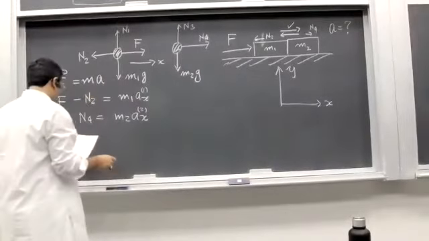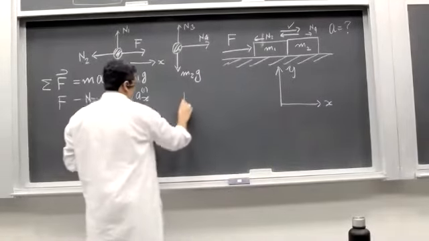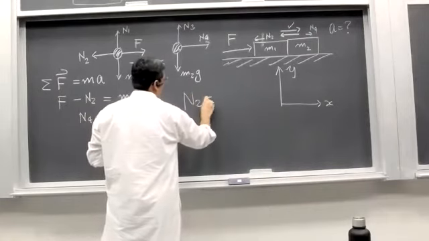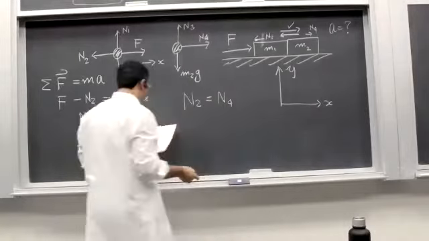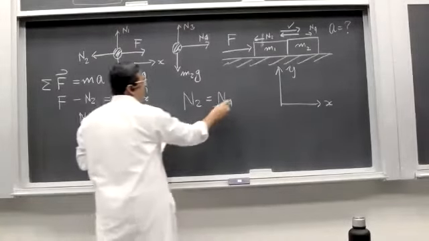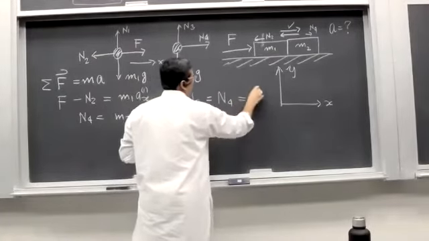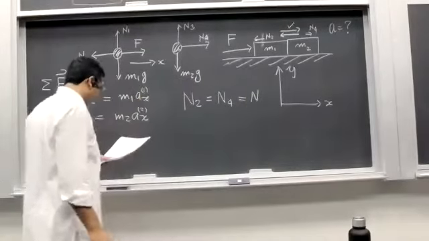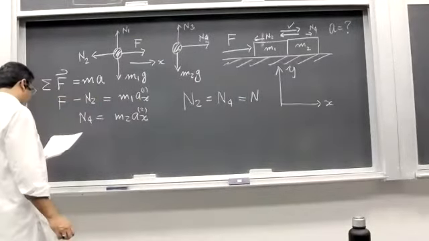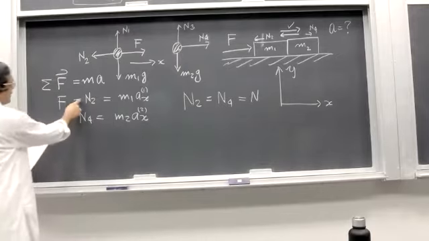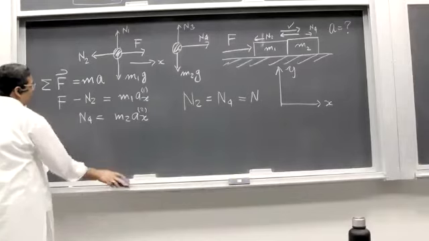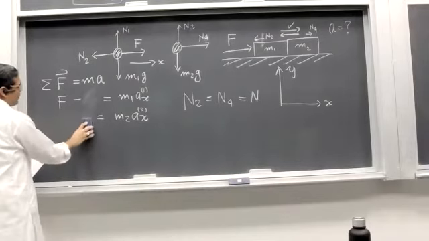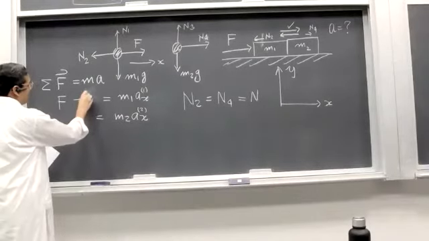So we can write N2 is equal to N4, and we can call it a normal force N. So it's the same for both of the objects. Now, I'm just erasing this N2 and N4 and plugging N in here.